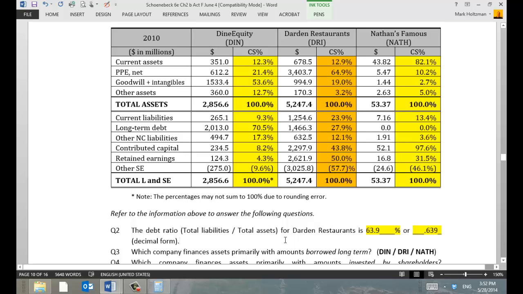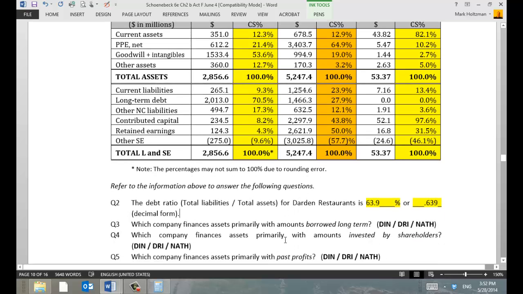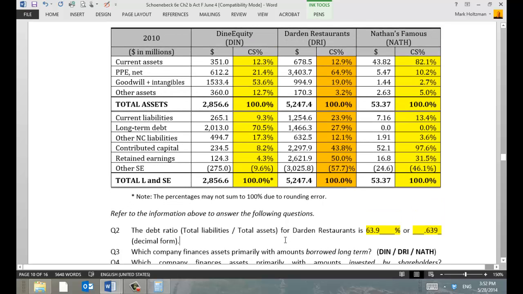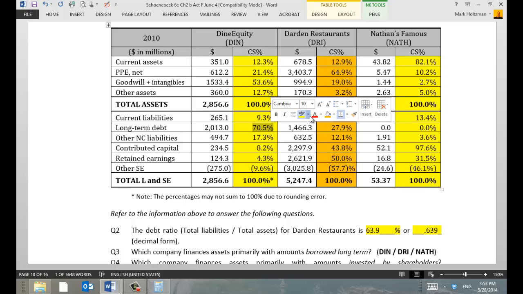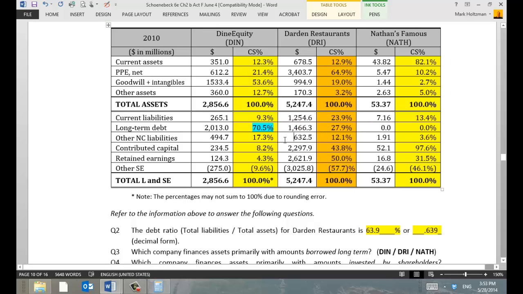Which company finances assets primarily with amounts borrowed long term? Yeah, DineEquity. Look at DineEquity here. The long-term debt is huge, 70.5%. Should we add the non-recurring liability?